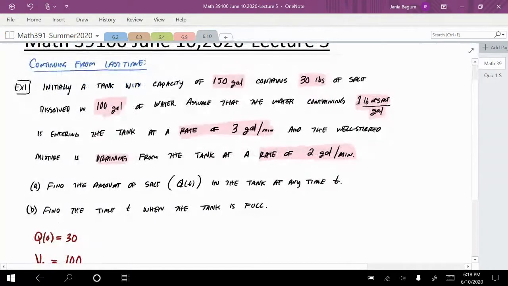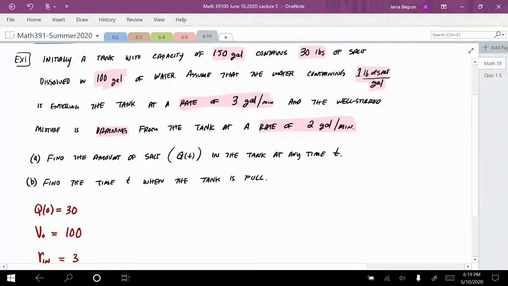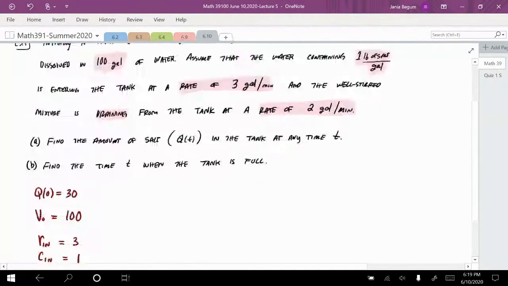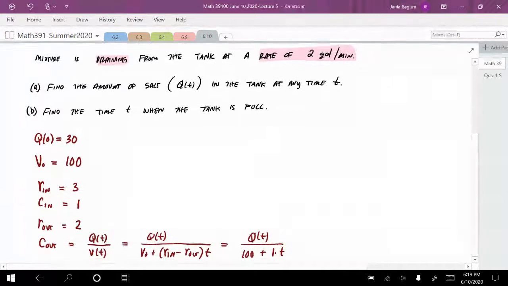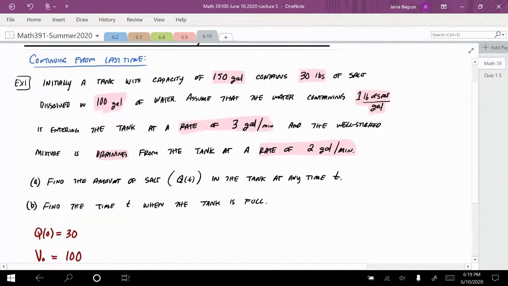So hopefully you had some time to meditate on this question. For the first part, let's find the amount of salt, which is Q of t, in the tank at any time t. We were given the initial condition at time 0, we have 30 pounds of salt.